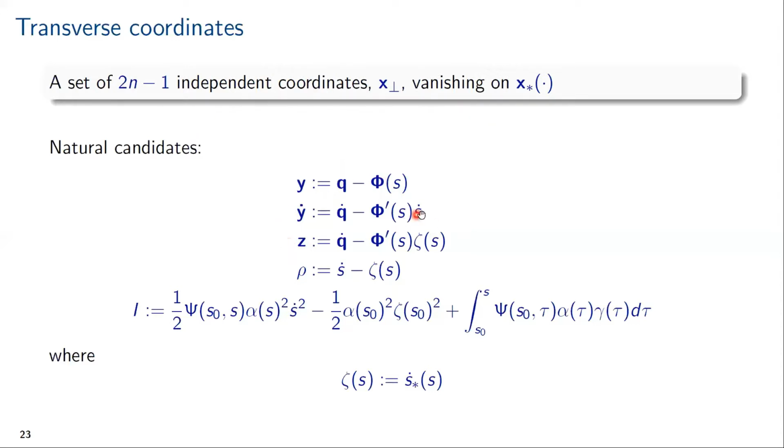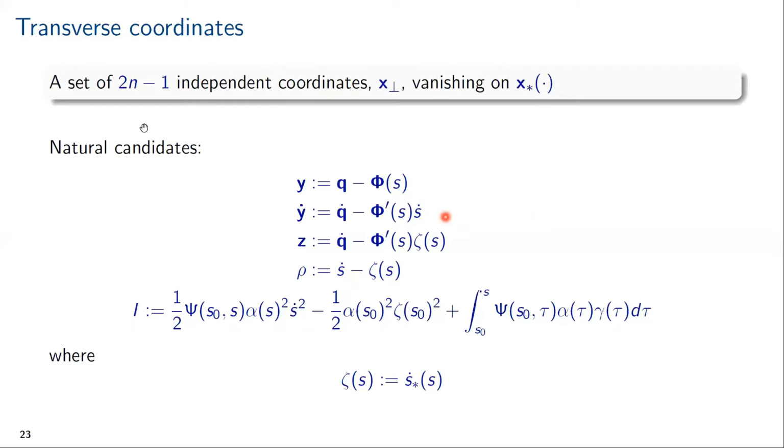If we swap out the velocity s dot with the function theta, which recovers this nominal velocity given a value of s, then we can define c as follows. Or we can define the scalar rho, which is just the difference between the actual velocity of s and what it should be given its corresponding value. This is more or less identical to the function I which we use to plan, which gives these energy level sets which we want to keep at 0. So we have several of these candidates.